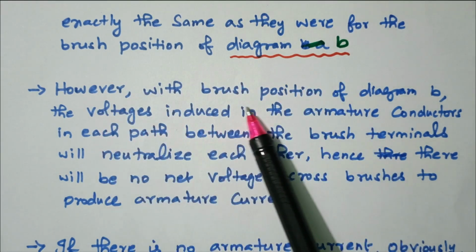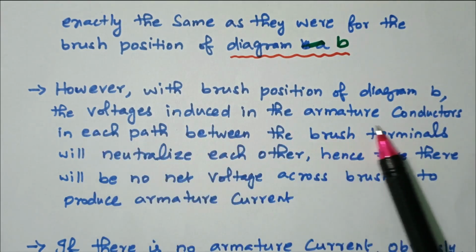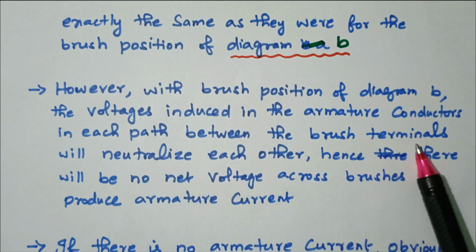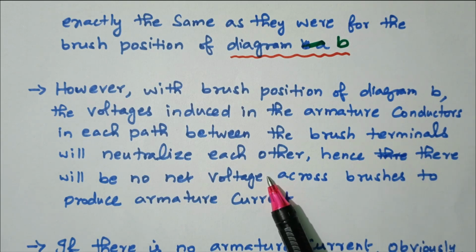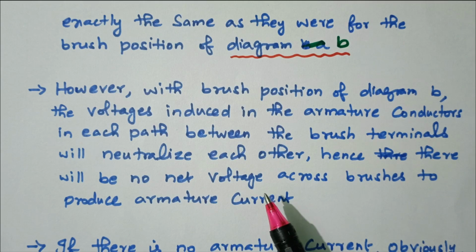However, with the brush position of diagram B, the voltages induced in the armature conductors in each path between the brush terminals will neutralize each other. That's what we already discussed. In the vertical position, EMF is induced, with the direction given in diagram A. In the horizontal position, there is no net induced EMF, so there is no current direction given in diagram B. Right?